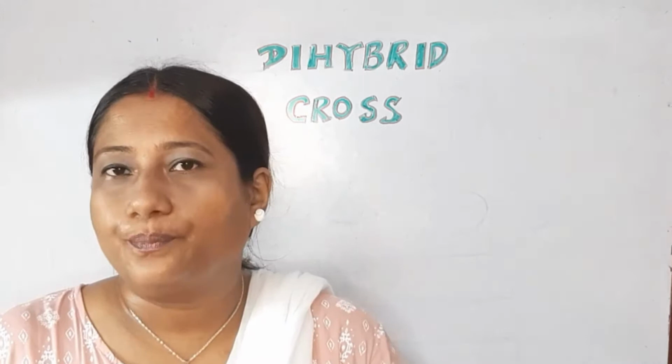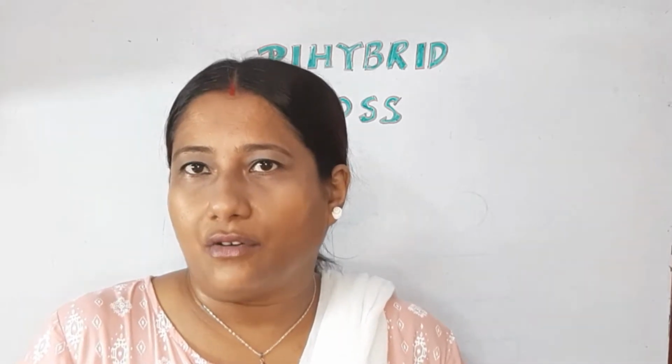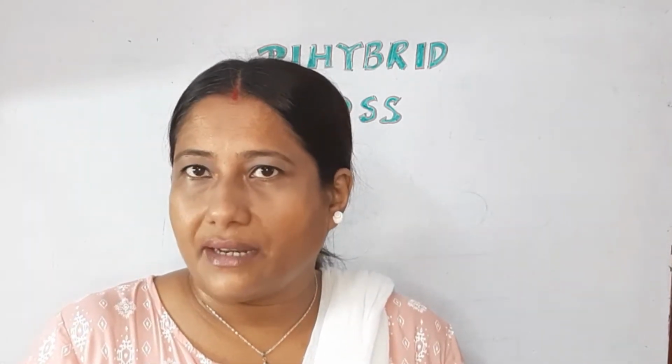Let me tell you. Mendel had performed various crosses that I have mentioned in the previous video, where we learned about monohybrid cross. In a dihybrid cross, two different contrasting traits are taken into account and then these are crossed simultaneously. So what Mendel had done, let me tell you.